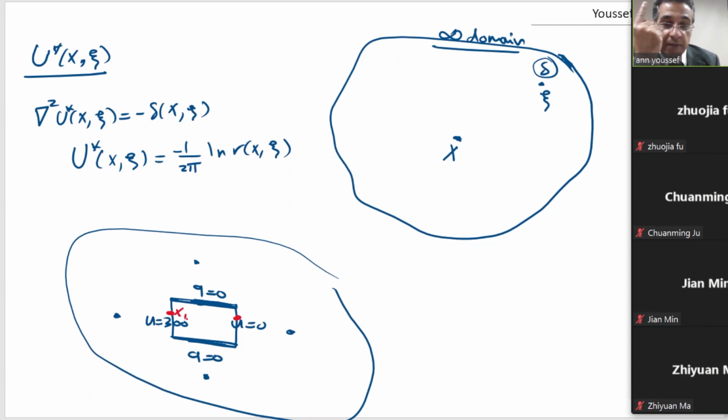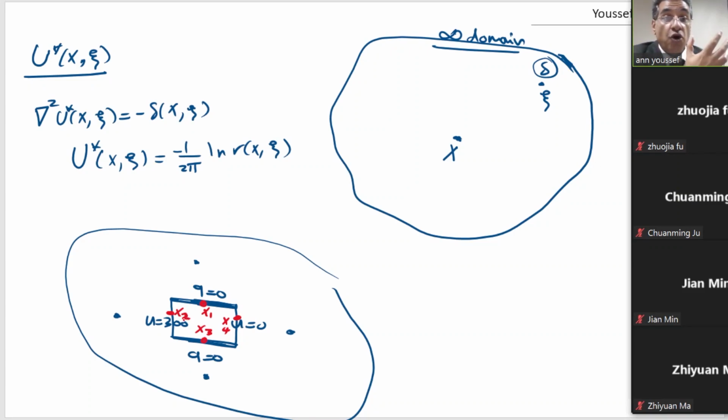This is x1, this is x2, and this is x4, as I remember. And you simulated q equals 0 along the side by point x1, and here also by point x3. So I simulated the prescribed boundary condition on my boundary using only a single point.